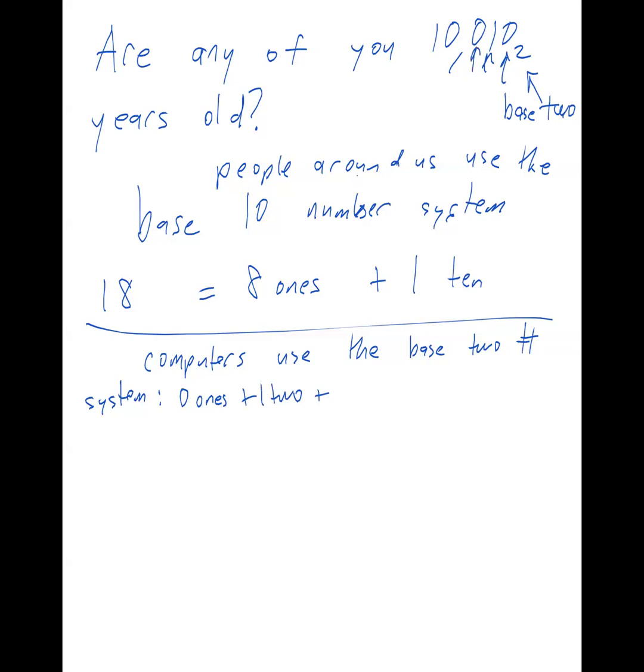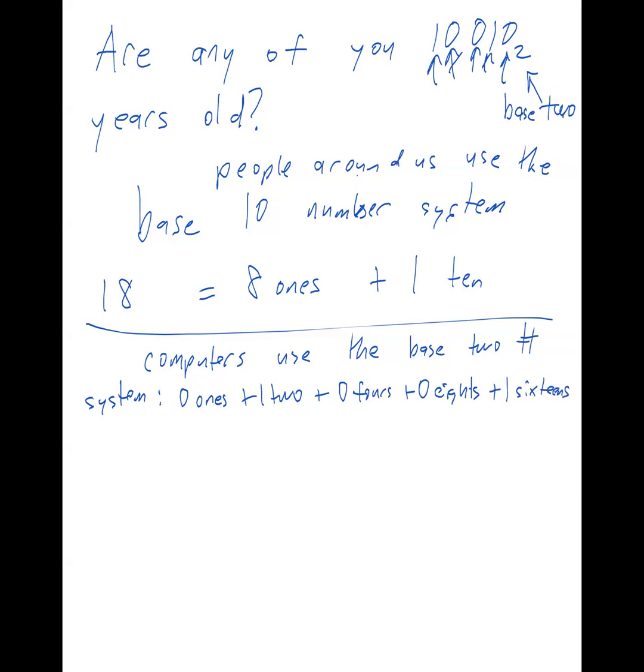Every time in the binary system, it means doubling. What's 2 times 2? 4. So you have 0 fours in the 4's place. Then you double the 4, that'd be an 8, so you have 0 in the 8's place. Then you double 8 and get 16, so you have 1 in the 16's place.